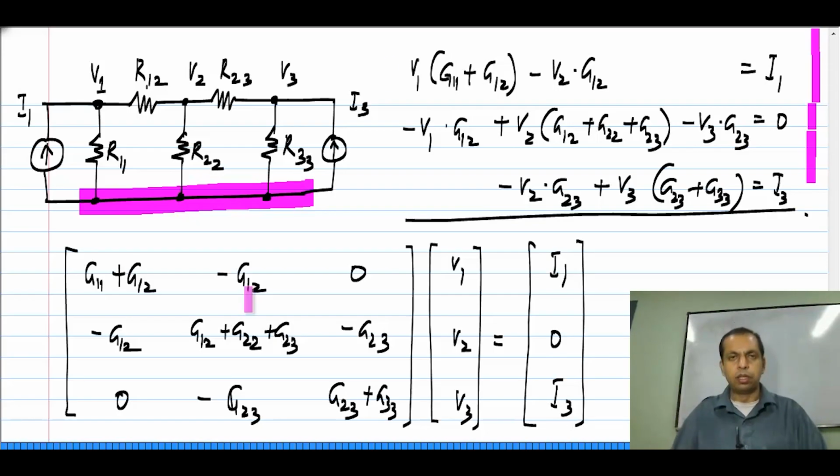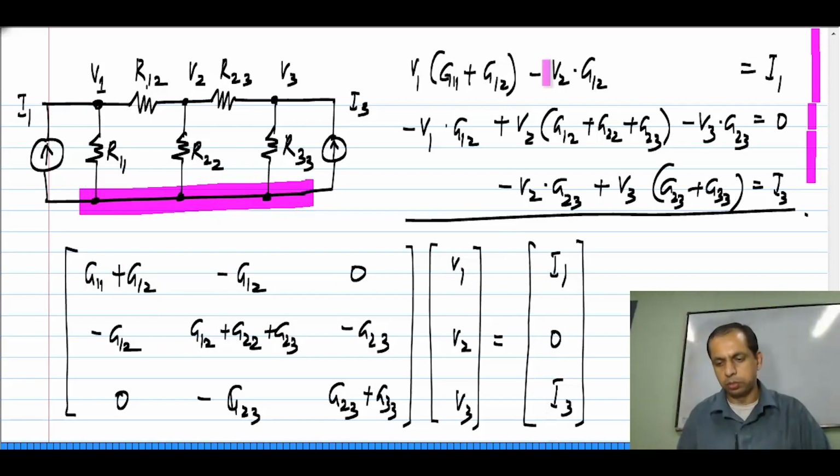Okay. There is nothing new in this. All I have done is to write down this set of 3 equations in 3 variables in matrix form. So, I have a 3 by 3 matrix times a variable vector equals the independent source vector. Okay.